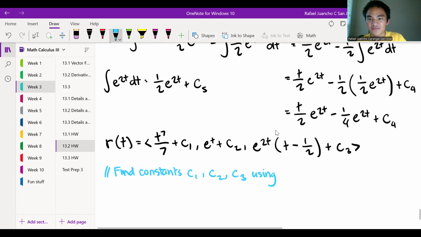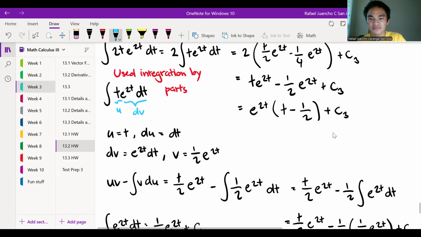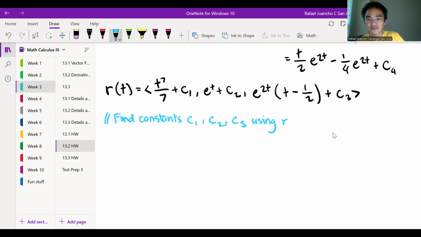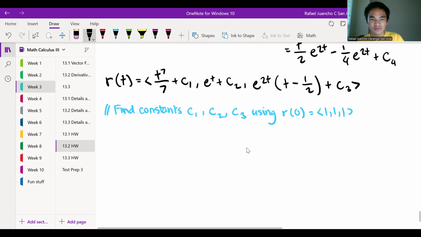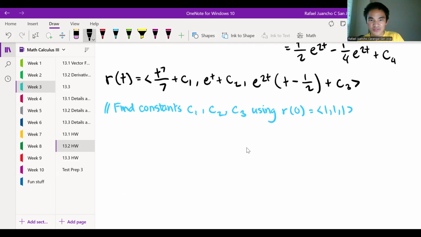The given info we have was r of 0, which has 1 for each component. So let's just plug that in. So when t is 0, 0 to the 7th over 7 is 0, plus c1 is equal to 1. Well, this tells us that the first constant is equal to 1.